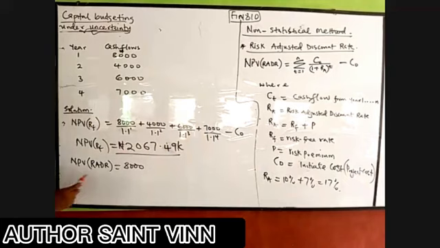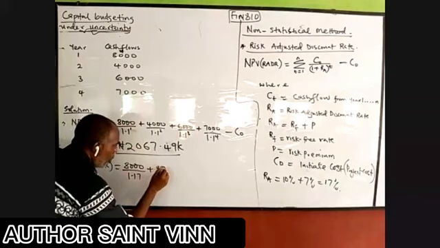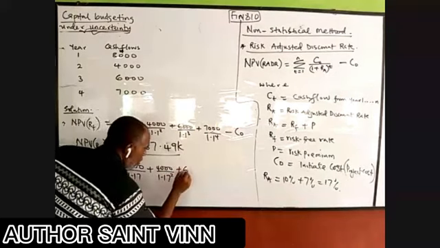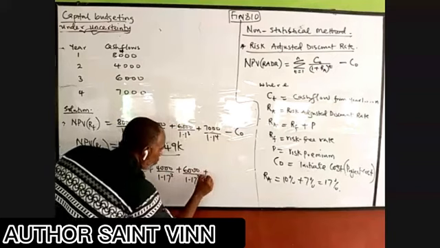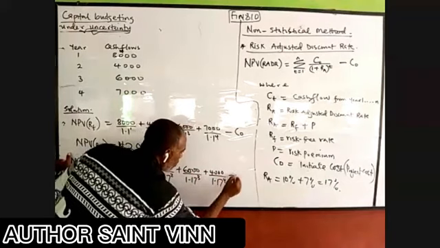You must always remember: R is 17%. So 8,000 over 1.17, plus 4,000 over 1.17, plus 6,000 all over 1.17, plus 4,000 all over 1.17, minus what?